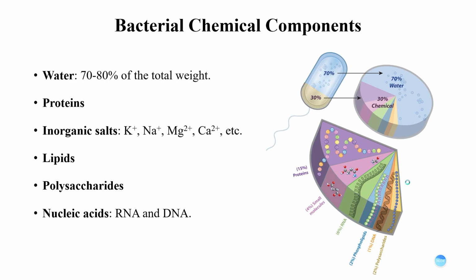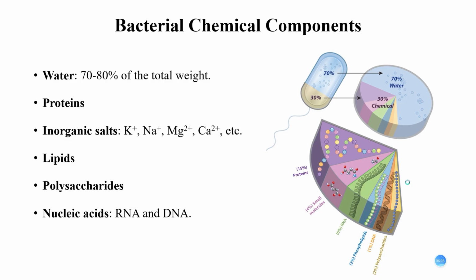Water is essential for all types of life, because all the other molecules, no matter whether big molecules or small molecules, need to dissolve in water solution, and all the chemical reactions happen in water solution. So it's a very important medium for life.